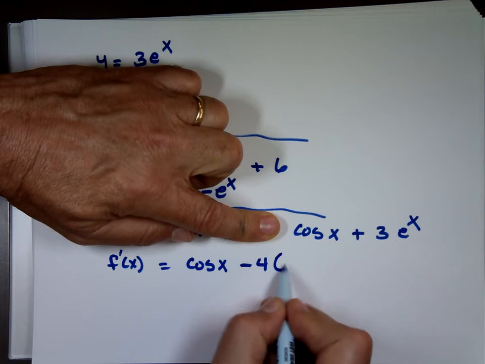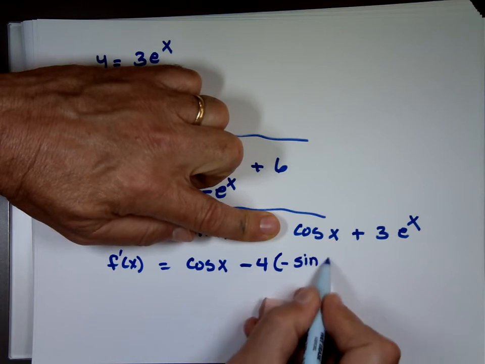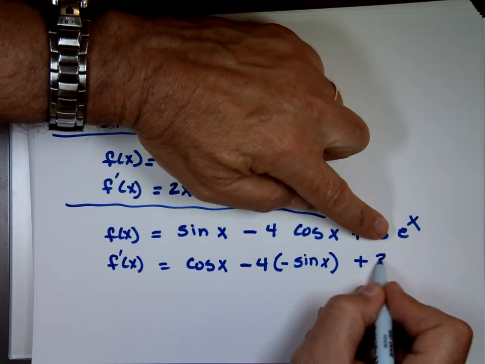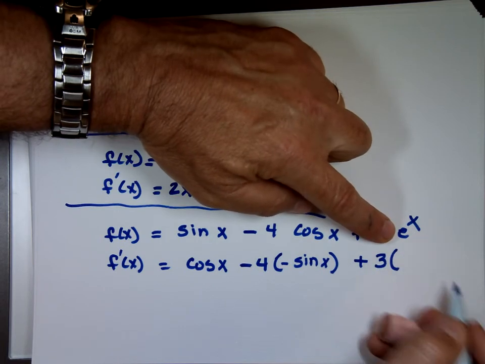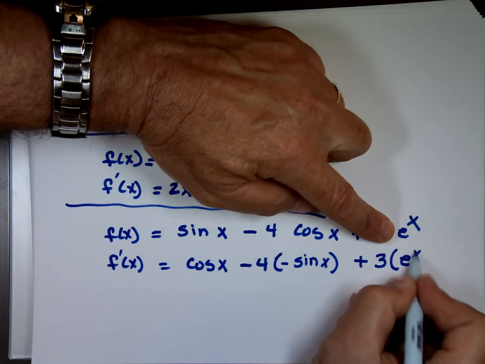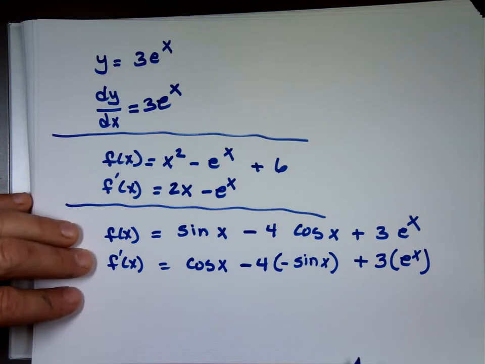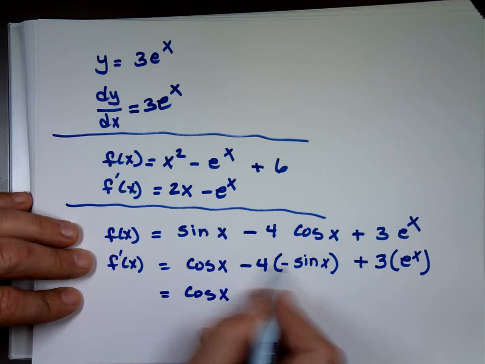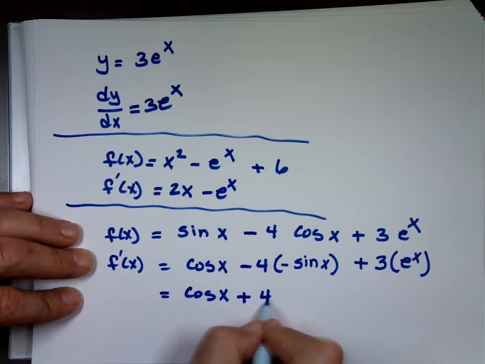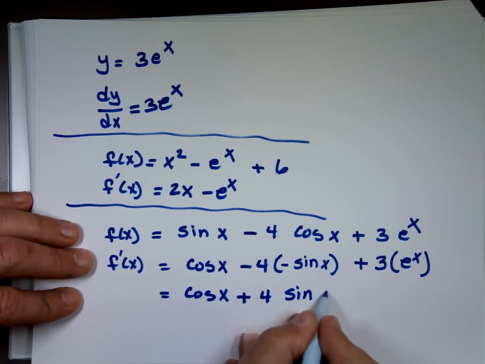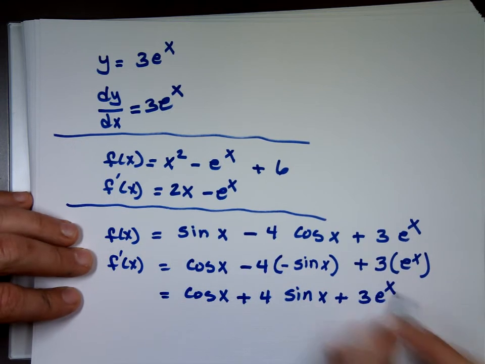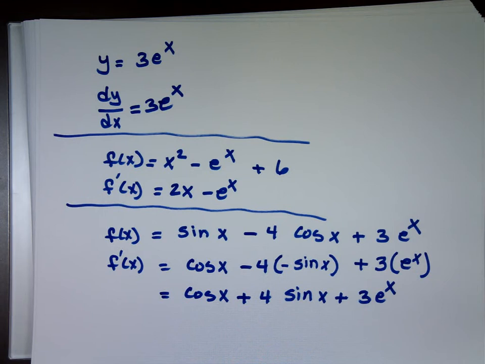Minus sine of x. Okay. Plus, there's the 3. What's the derivative of e to the x? Can we clean it now? It's cosine of x, plus 4 sine of x, yep. Plus what? 3e to the x. So we just have to memorize the derivative of sine is cosine. Derivative of cosine is negative sine.